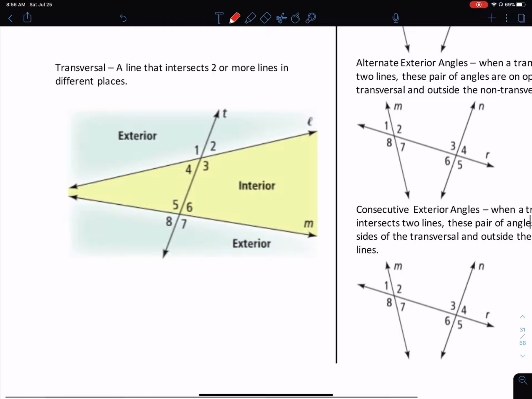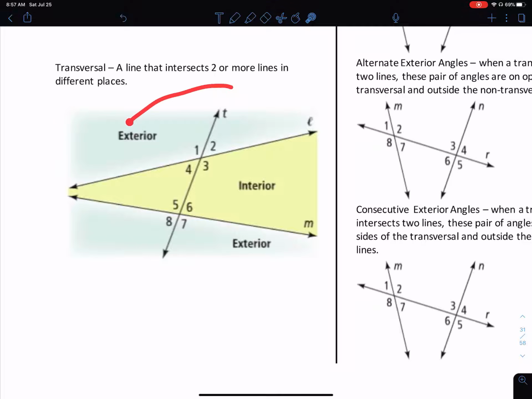Transversal. Now this is important. Now we're getting into the nitty-gritty of what we're going to be doing in this chapter. A transversal is a line that intersects two or more lines in different places. So in this picture, technically any of these lines are transversals, because if I were to extend these lines, each line intersects at least two lines.